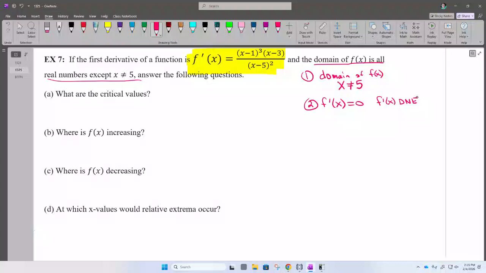A derivative like this is a rational expression, meaning there's a numerator and a denominator. So to see where it does not exist, that's going to be where the denominator equals 0, because it's a domain thing. So I'm going to write denominator equals 0.